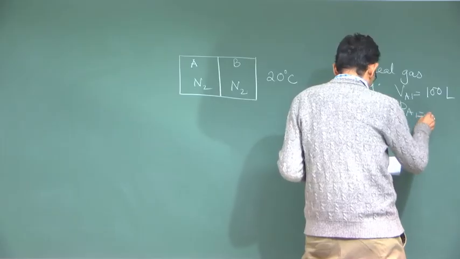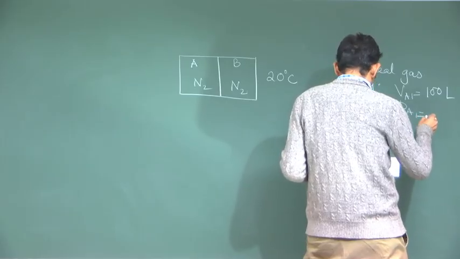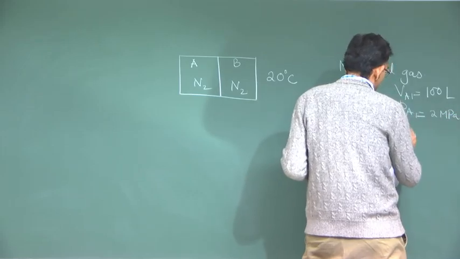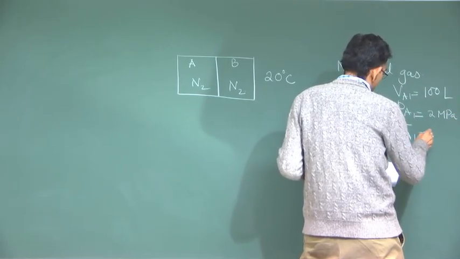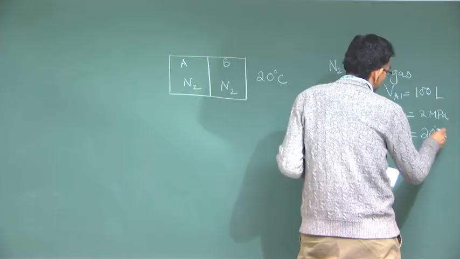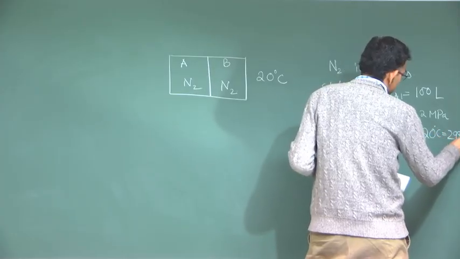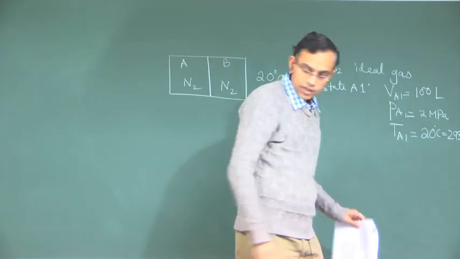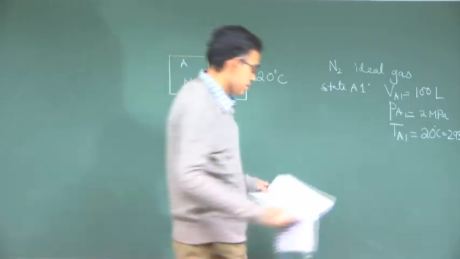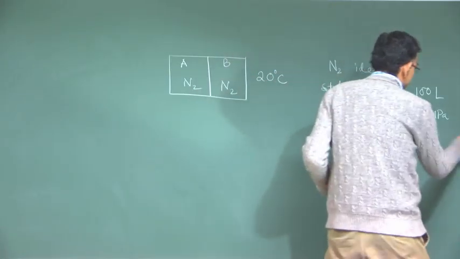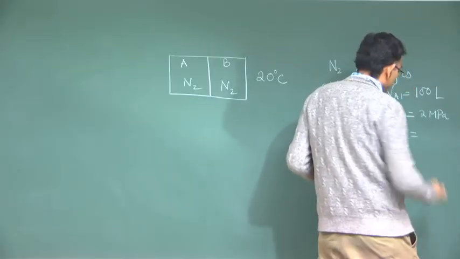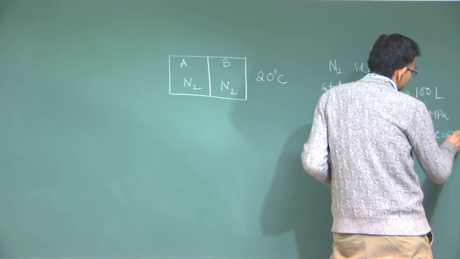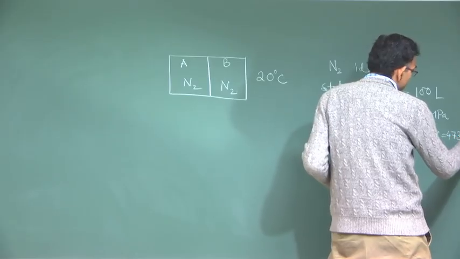Pressure is 2 megapascal, temperature 200 degree centigrade, sorry, not 20, 200 degree centigrade. So, 473.15 Kelvin.